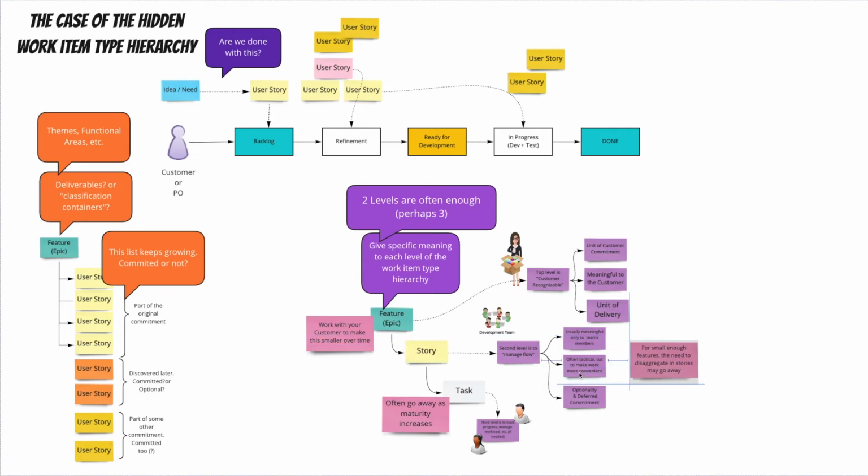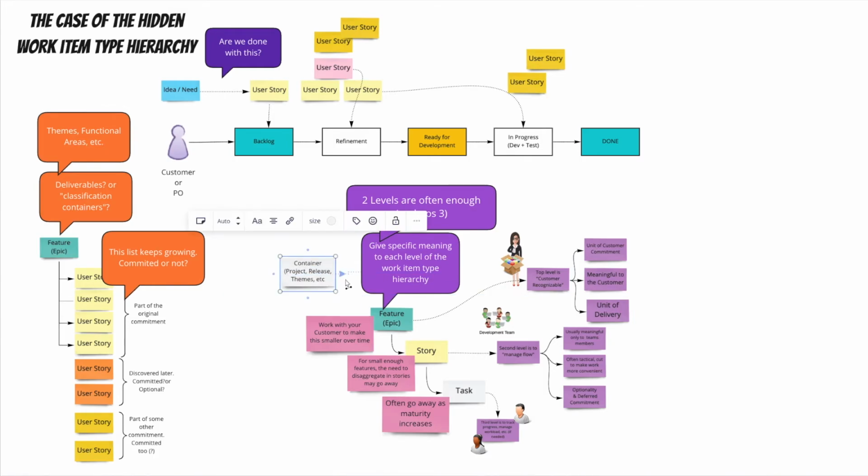So for small enough top level items, the need to perform decomposition may even go away altogether, and the result of that will be the hierarchy collapsing into a simpler model. Finally, it's important to point out that work items could still be grouped according to some other classification criteria if you find it useful.